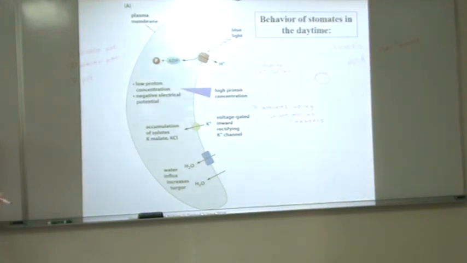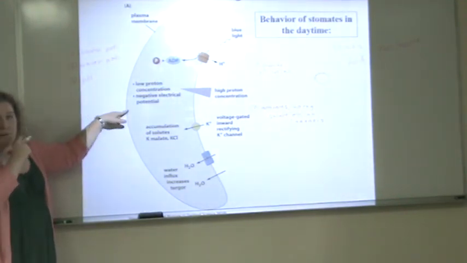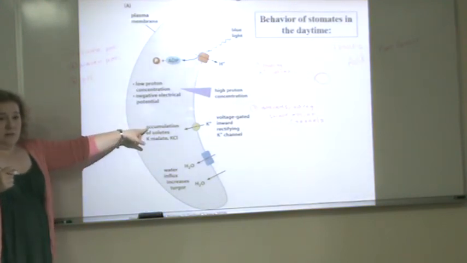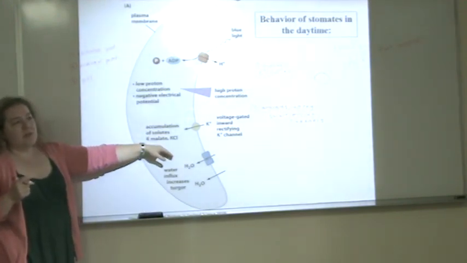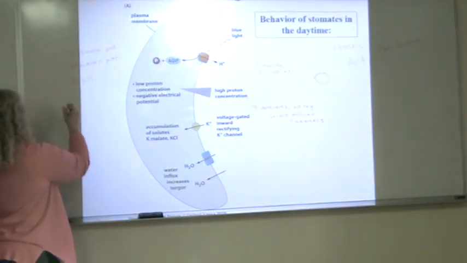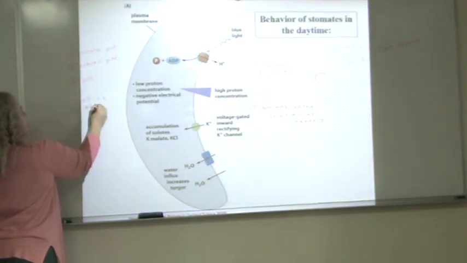One other fact that you need to know about that is that you can consider that it never goes to equilibrium for water to come in. So no matter how much water has come in to an open guard cell, there's still more that would like to come in, but the wall is holding it back. So you need to assume that the wall is always rigid.